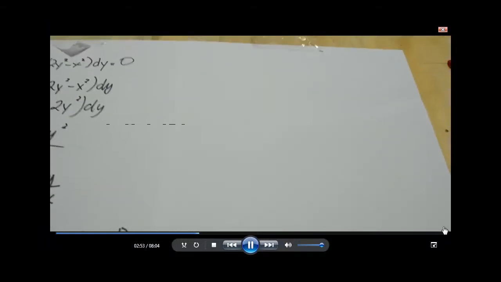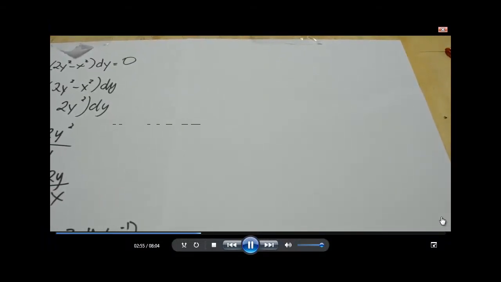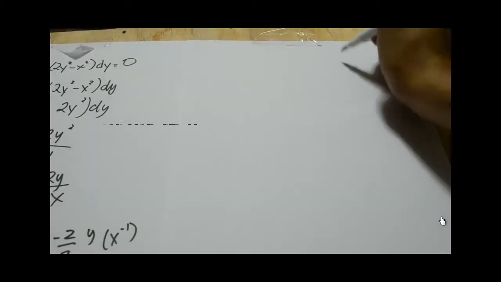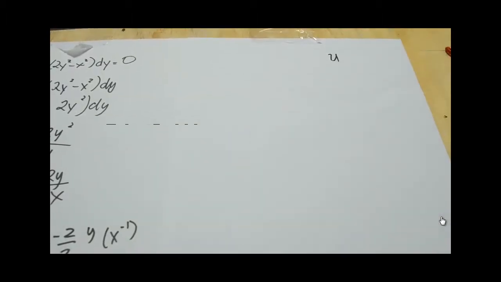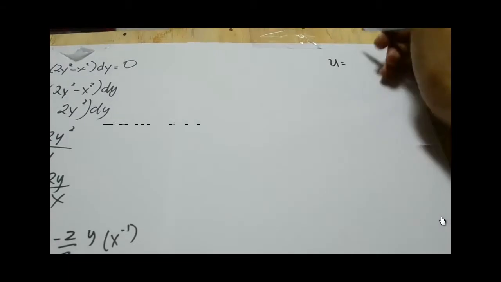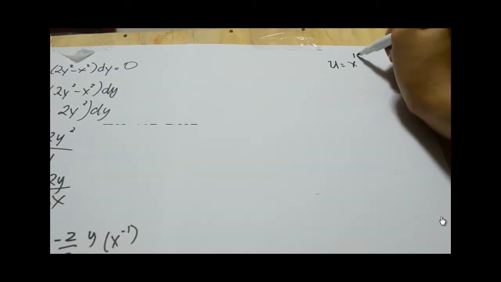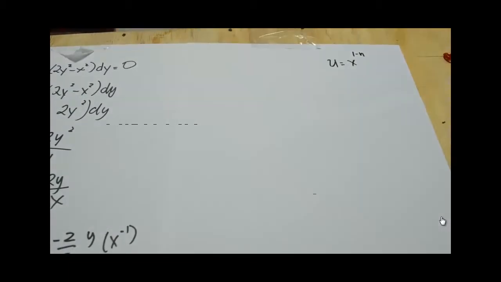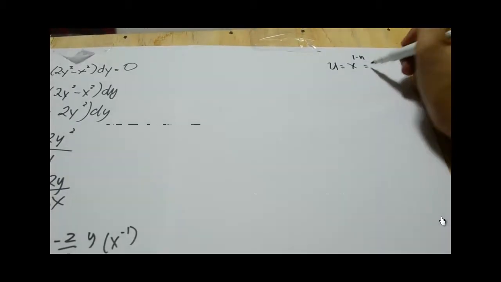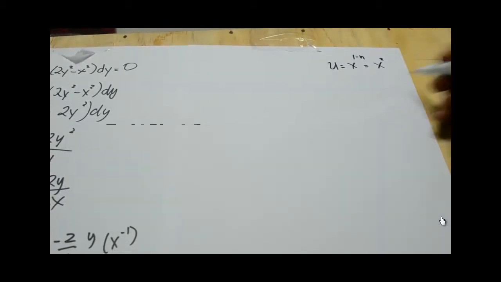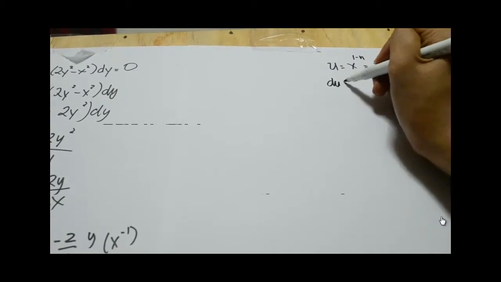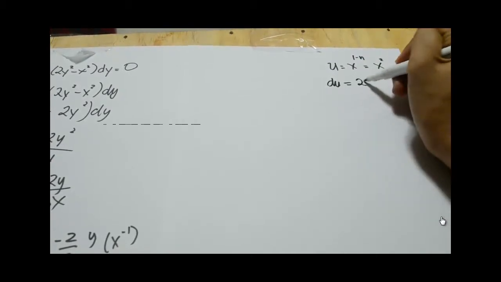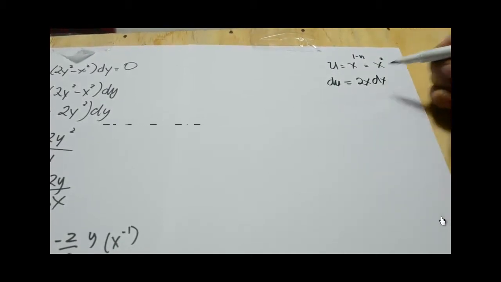So to proceed, we let u is equal to x to the 1 minus n, wherein our n is negative 1, so this will become x squared, and du will become 2x dx.